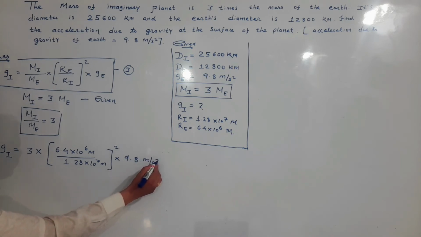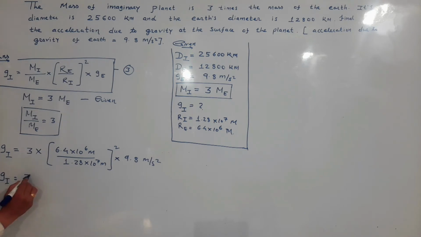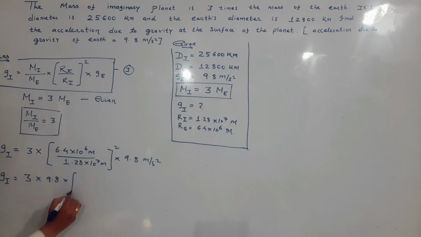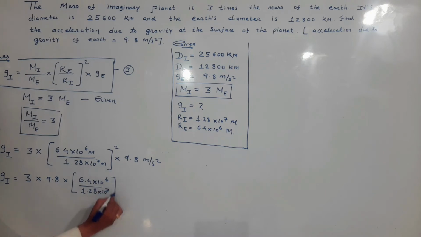meter per second square. So my dear student, here Gi is equal to 3 into 9.8 into bracket 6.4 into 10 to the power 6 upon 1.28 into 10 to the power 7 whole bracket we can write.